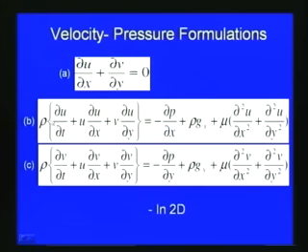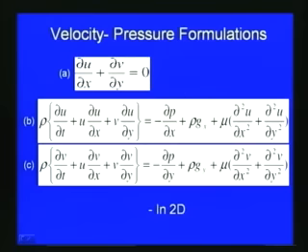Here the equations are rho into del u by del t plus u into del u by del x plus v into del u by del y is equal to minus del p by del x plus rho g x plus mu into del square u by del x square plus del square u by del y square. The third equation is rho into del v by del t plus u into del v by del x plus v into del v by del y is equal to minus del p by del y plus rho g y plus mu into del square v by del x square plus del square v by del y square.